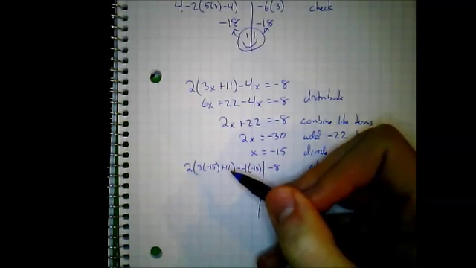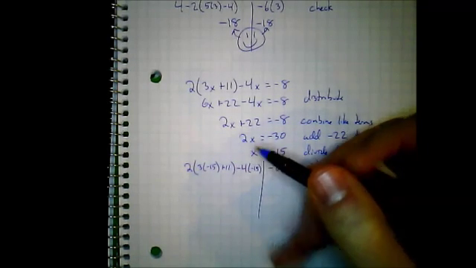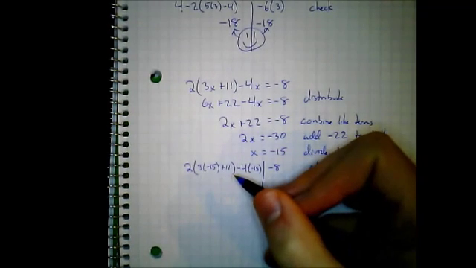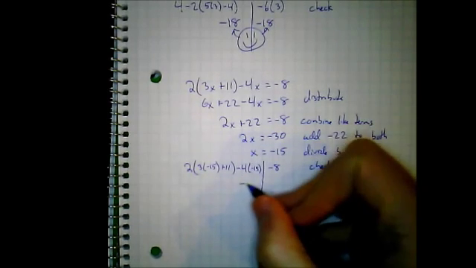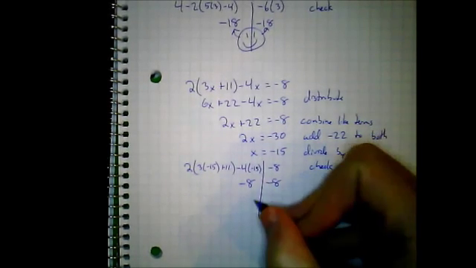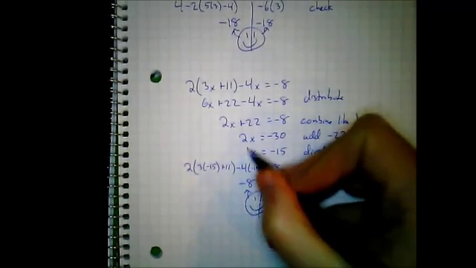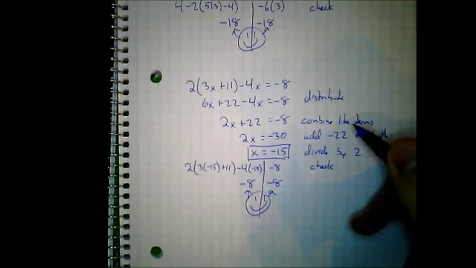Negative 34 times 2 is negative 78. And then 4 times negative 15 is negative 60. Negative 78 minus negative 60 is negative 8. Which is what we want it to be. So when x equals negative 15, both the left and right expression equal negative 8, so we know we did it correct.